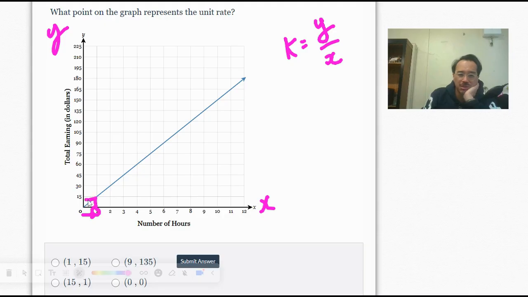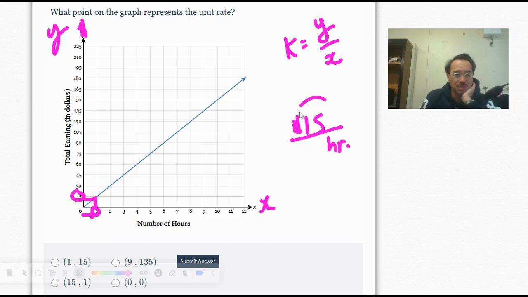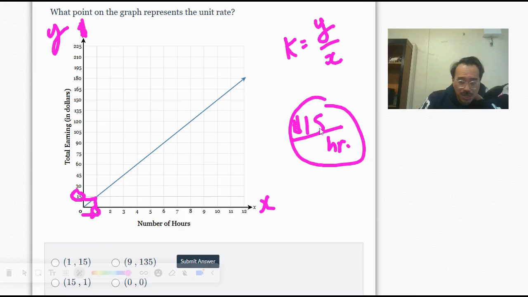And in this case, I'm circling the answer, is 15. So what does that mean, right? Well, it means he makes 15, because this is money, right, in dollars. So that means he makes $15 per 1 hour. That's what's happening. Jeriel is making $15 per hour, right?